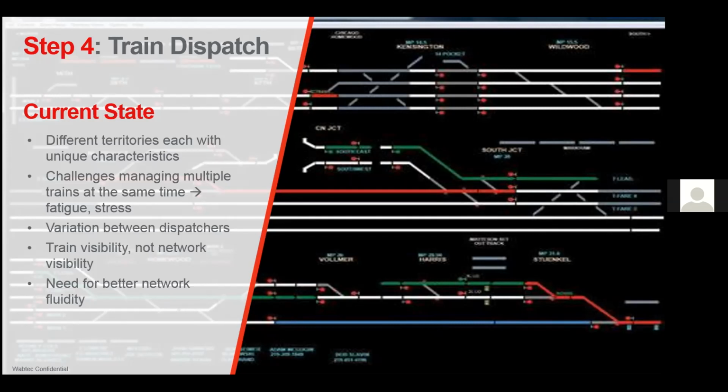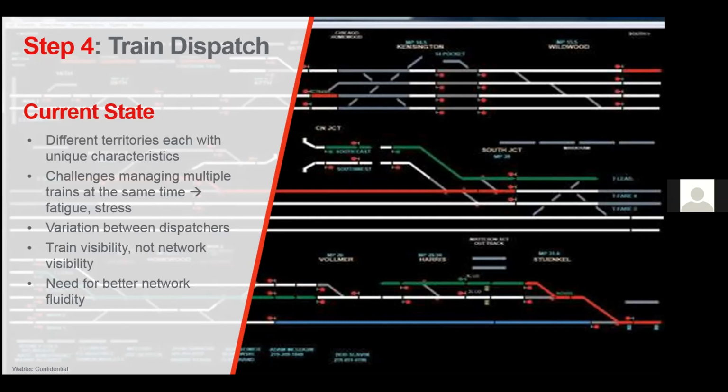Dispatchers have other problems that they're dealing with, right? So there's lack of visibility for the impact their decisions may have in other places, but there's also differences from region to region. So one region may need to be managed in a certain way. There's variation between how two dispatchers would handle a problem.